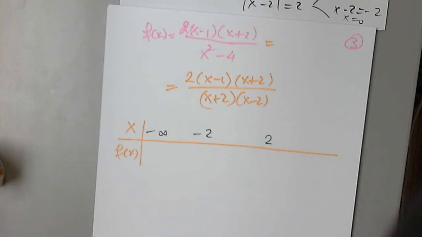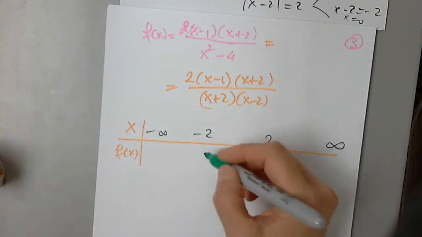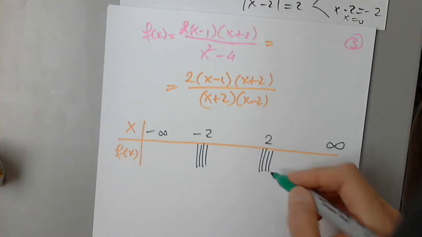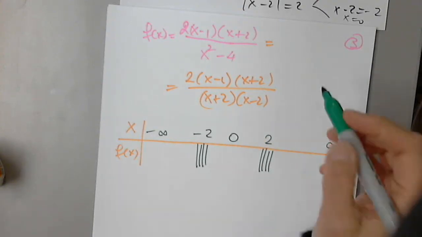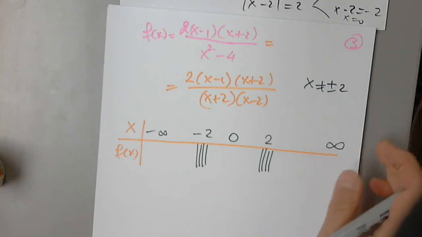Negative 2 to 2. Awesome. Excellent. So obviously x cannot be plus or minus 2.